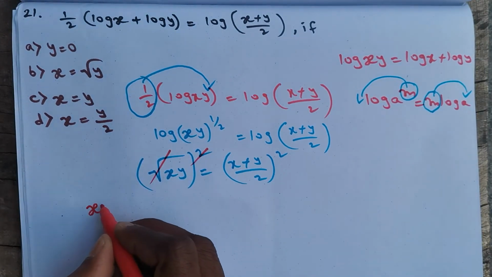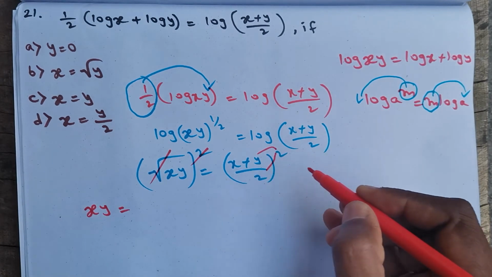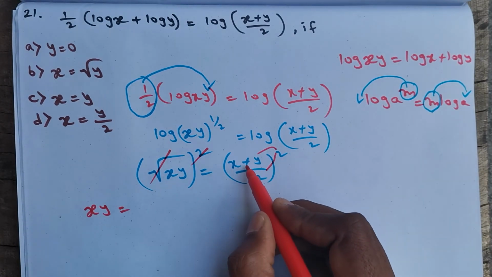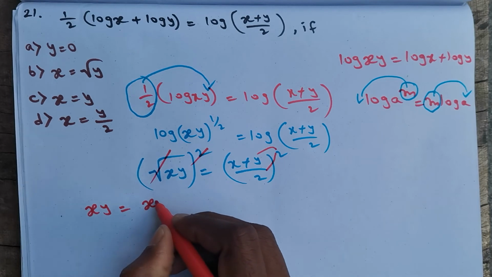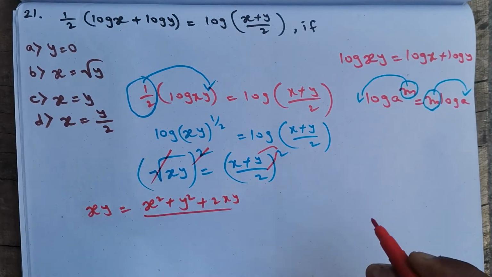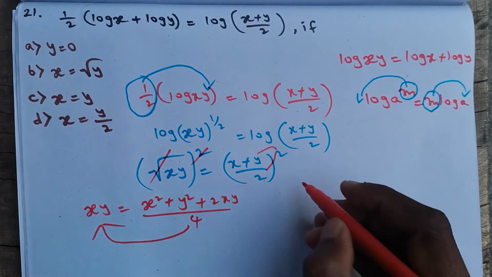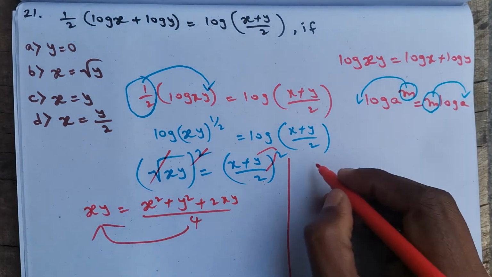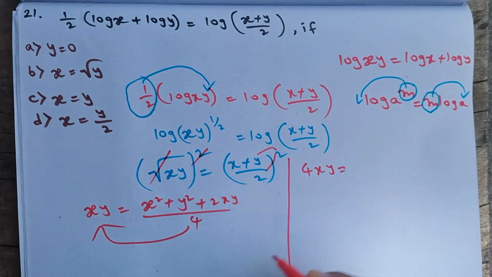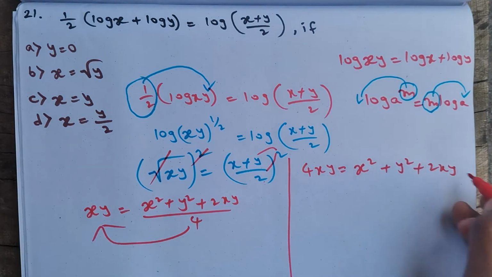So we remain with xy is equal to, now this square is for the numerator as well as the denominator. So (x plus y) whole square is nothing but x square plus y square plus 2xy, divided by 2 square, which is 4. I will take this 4 to the left side. So 4xy is equal to x square plus y square plus 2xy.